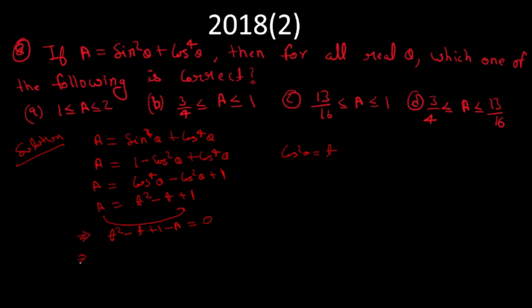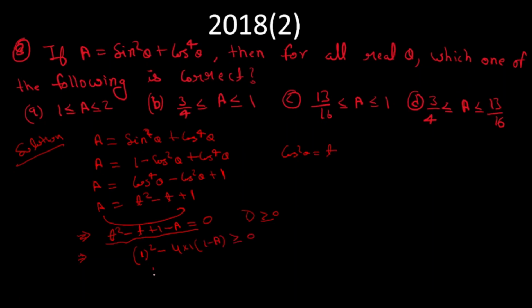We got this quadratic equation. We know that if it has real roots, its discriminant D must be positive or 0. So what is its D? D is b square minus 4ac. Here b is 1, a is 1 and c is 1 minus a. That must be positive.